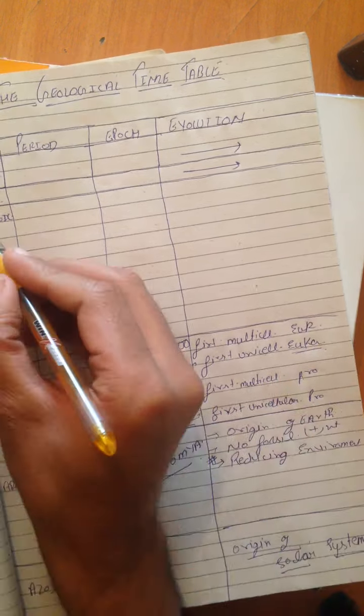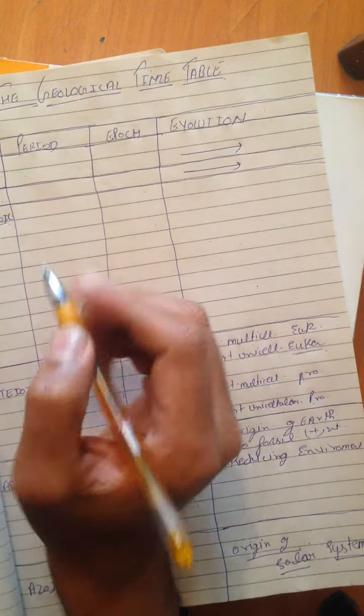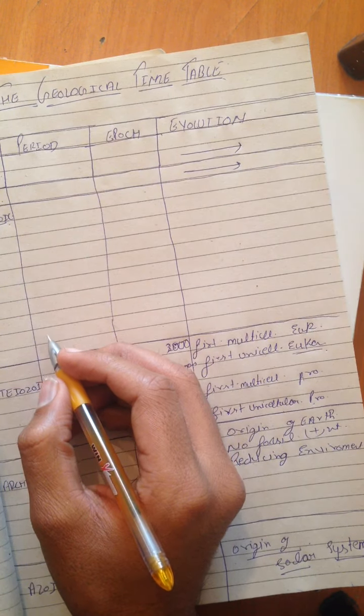Then we are talking about the Paleozoic era. The Paleozoic era is divided into 6 periods.